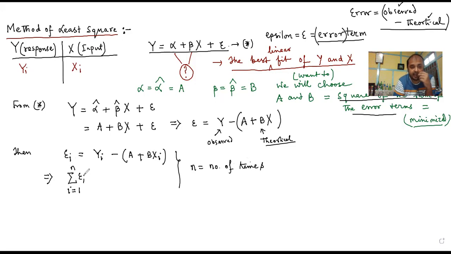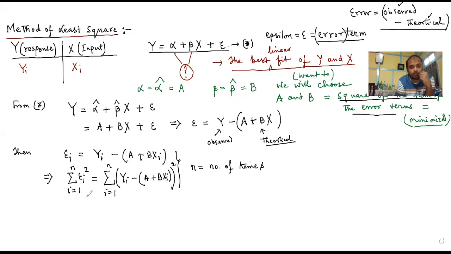And I'm considering the error term. Not only this, I'm not taking the summation of the errors. I'm taking the square of the sum of the errors. Sum of the squares of the errors actually. So if I do so, the right hand side will take the following form. You see, it will take the form yi minus a plus bxi whole square.